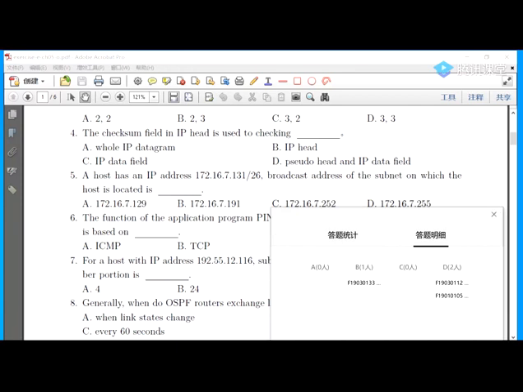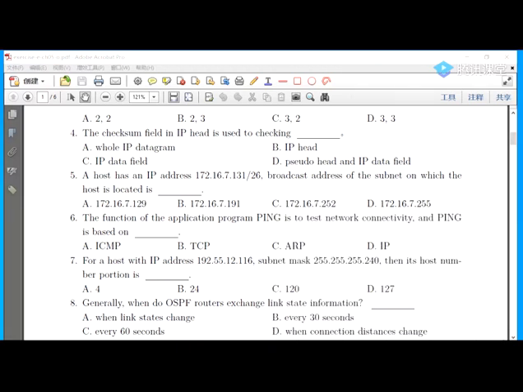Okay. The correct answer is B, IP head. The checksum field in the IP head is used to check only the IP head. Okay, the correct answer is B.